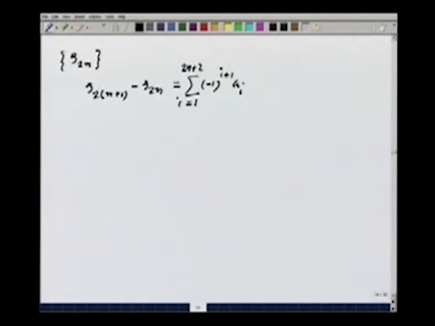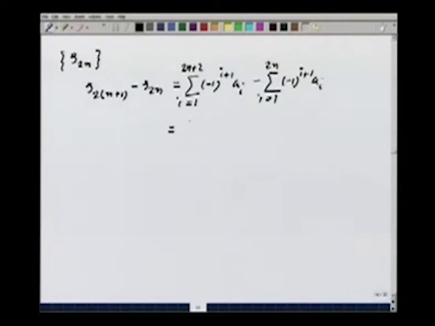Now let us see what kind of sequences these partial sums are. Let us first start looking at S2n, whether it is increasing or decreasing or what. So first let's check S2n plus 2 minus S2n. What is this? This is summation i from 1 to 2n plus 2 minus 1 to the power i plus 1 ai minus summation i from 1 to 2n minus 1 to the power i plus 1 ai. Once I write this, many terms cancel except the last two terms.